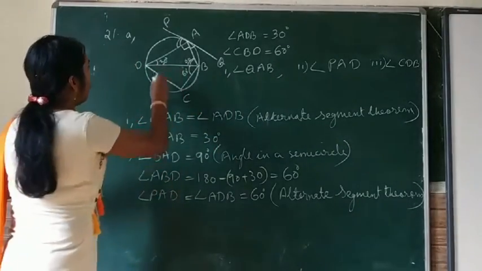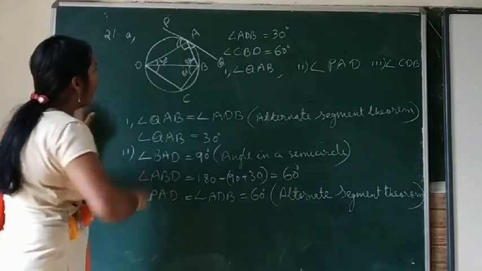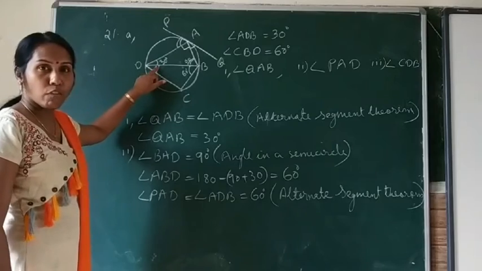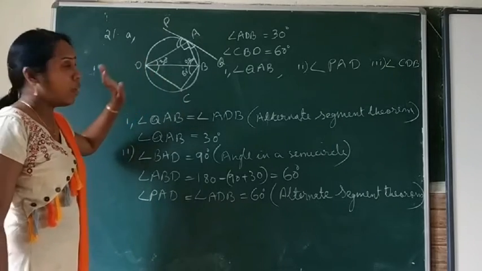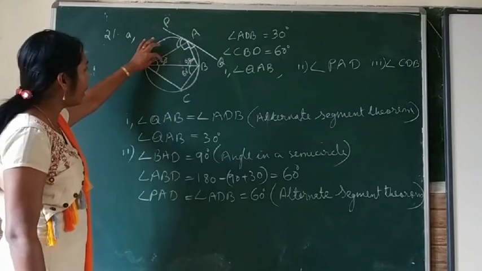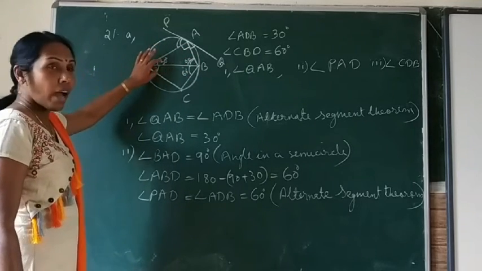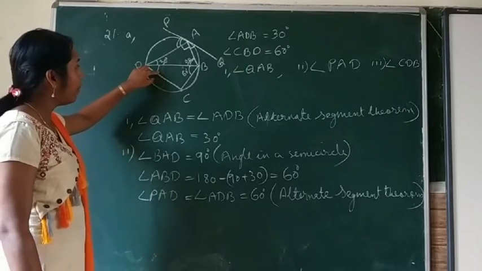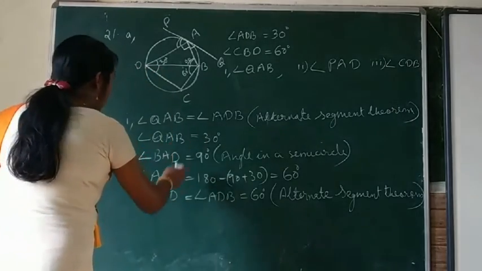CDB. This angle we have to find out. For this we have to apply the sum of opposite angles of a cyclic quadrilateral. We know that it is 180 degrees. Therefore, here we have 120 total. Here we have only 30. And the other angle, which is a part of the opposite angle, can be found.